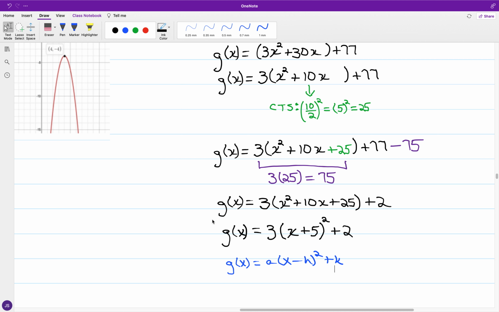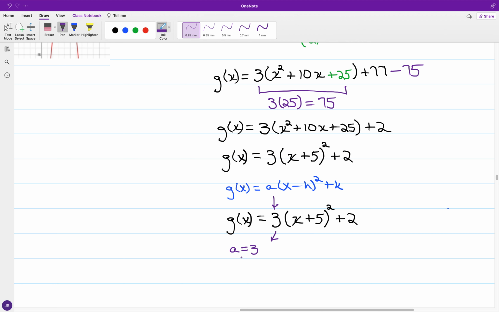Looking at how the terms are going to meet up between the general layout and what I have for the vertex form that defines this particular g of x, for the a value, a is equal to 3, and since 3 is positive, the graph opens up from the vertex.